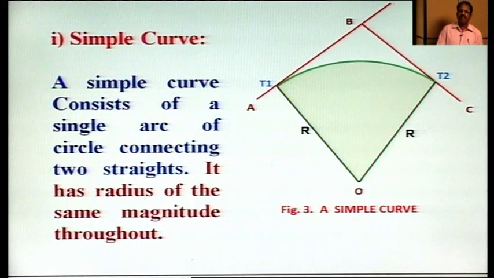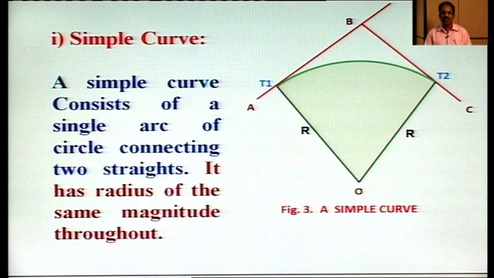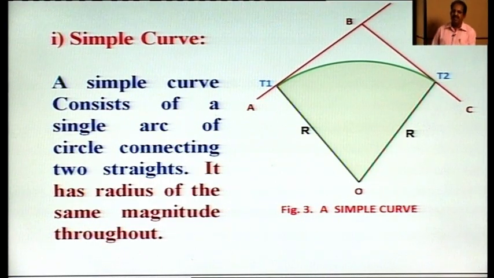First is a simple circular curve. Please see on your monitor screen, a simple circular curve consists of a single arc of circle connecting two straights. So, AB and BC on your monitor screen, they are straights.